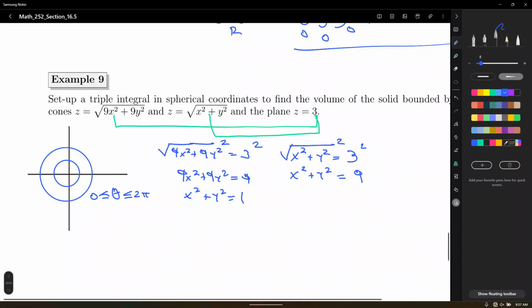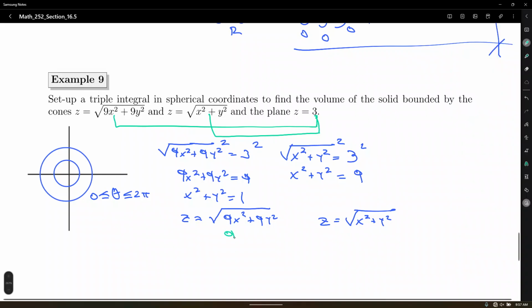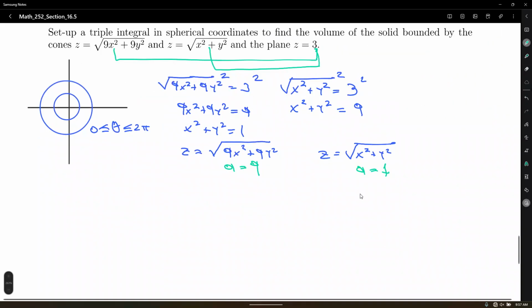Okay, number one, z equals the square root of 9x squared plus 9y squared, and z equals the square root of x squared plus y squared. Okay, what is a in this case? Do you guys agree a equals 9? And over here a equals 1. That is the number that multiplies the squared variables.